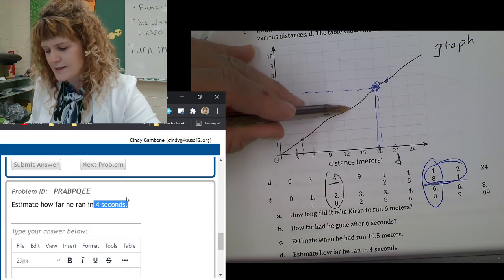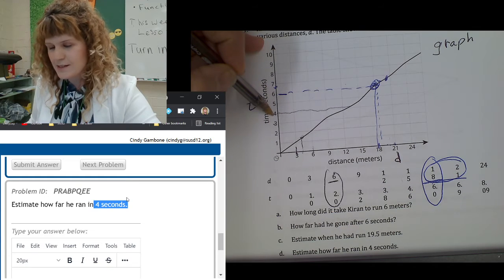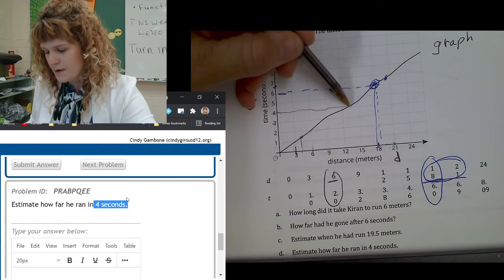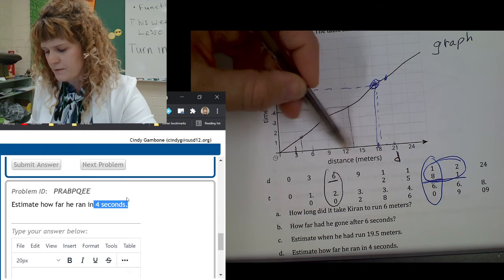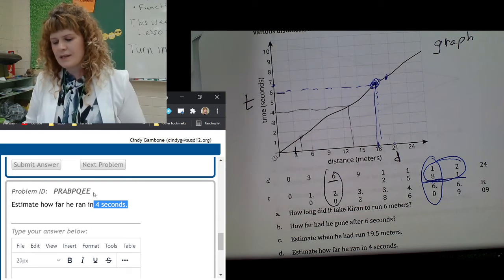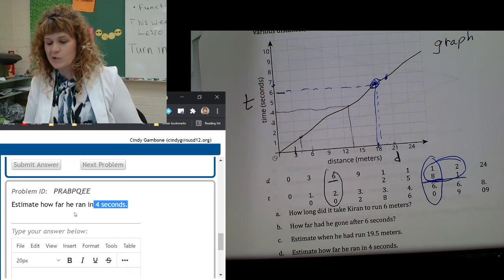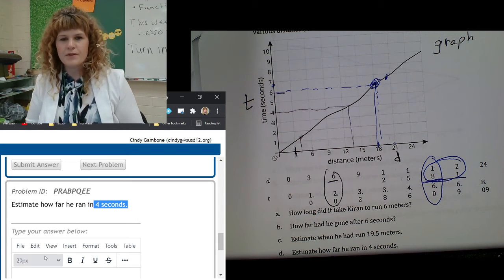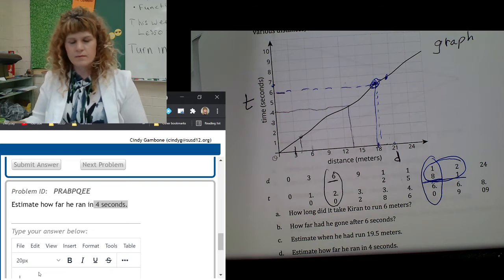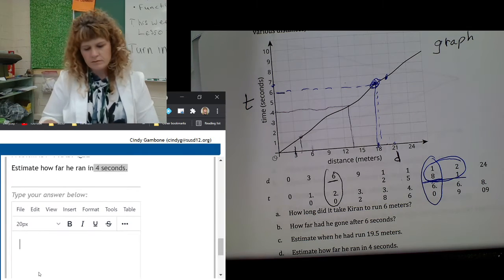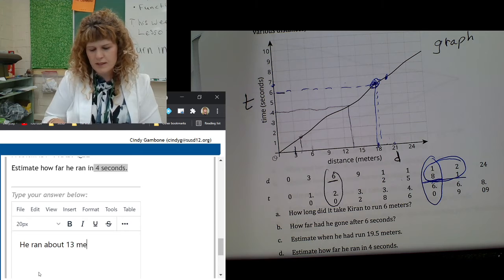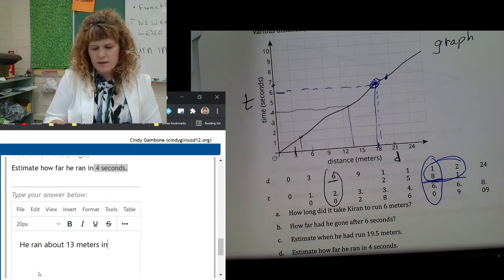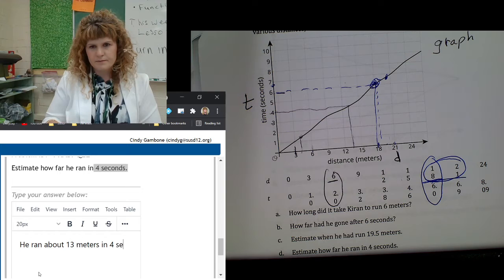I read the wrong axis. 4 seconds is here. So I go over, and then it's somewhere between 15 and 12 meters. I'm going to guess that's about 13 meters. He ran about 13 meters in 4 seconds.